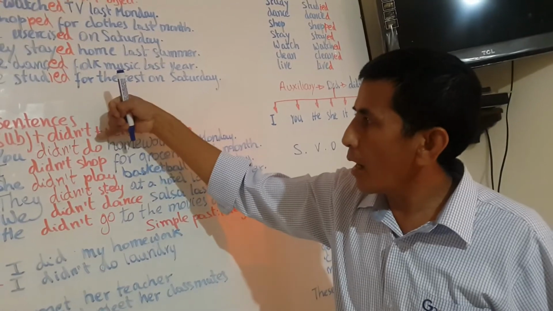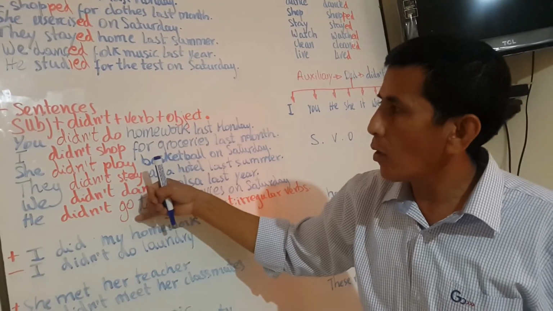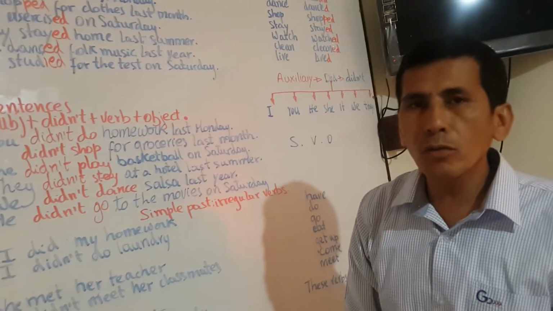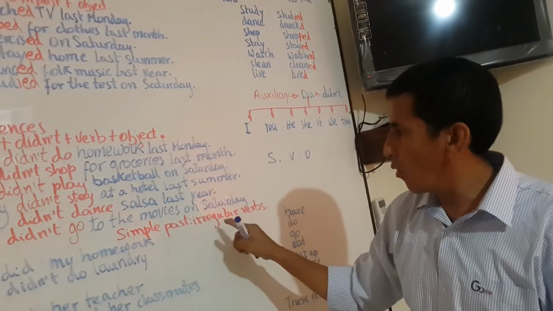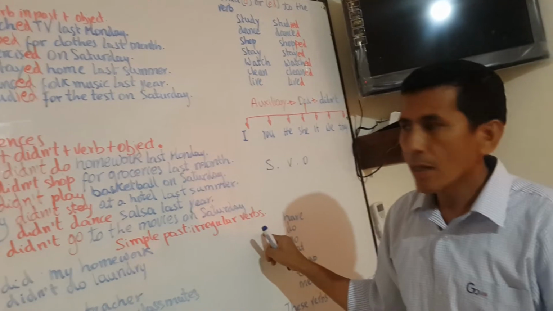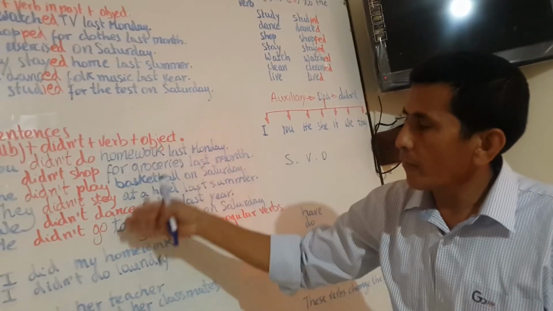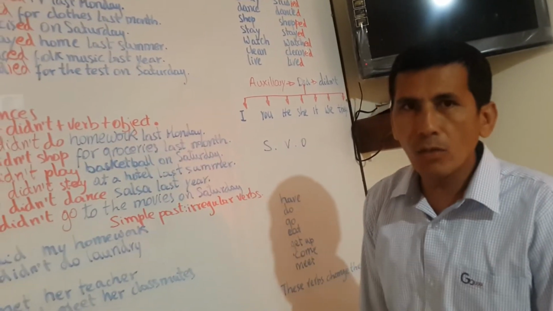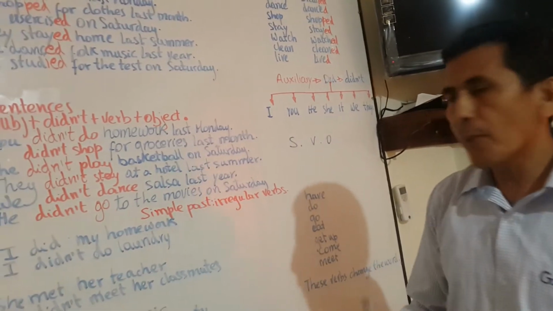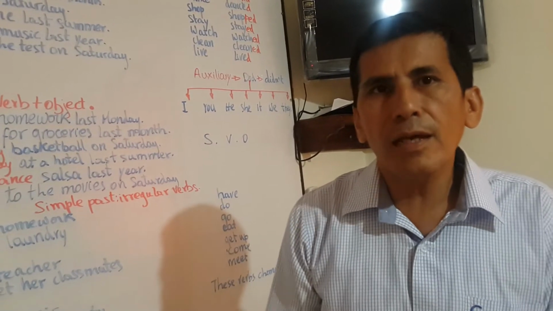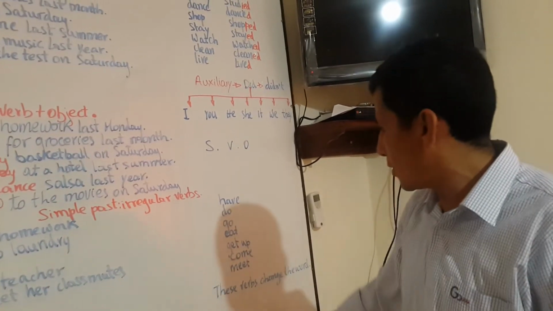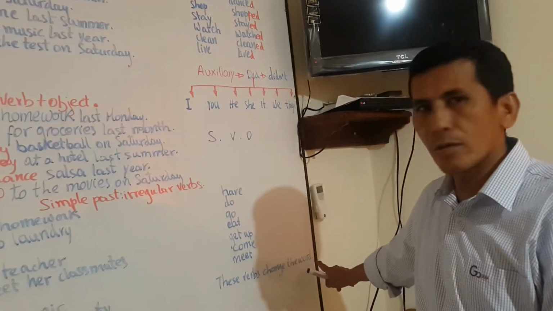In this case, I have used do and go because we are also going to study simple past of irregular verbs. The verb do and the verb go are irregular verbs. What is special with irregular verbs? They are different from the regular verbs because they change the word.